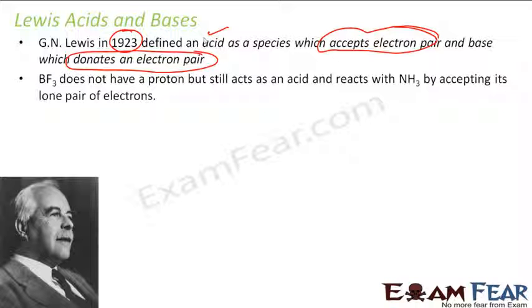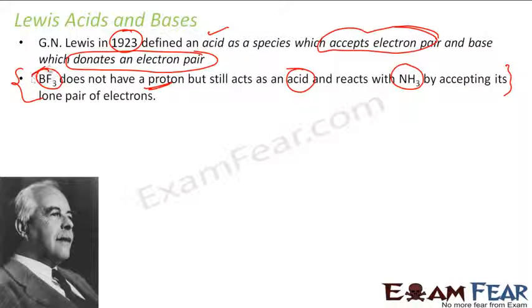And this was done because there was a demerit for the Bronsted and Lowry acid base. BF3 doesn't have any proton at all, but still acts as an acid, because it reacts with ammonia and accepts the lone pair of electrons. This is an acid, but the earlier definitions could not prove it is an acid.